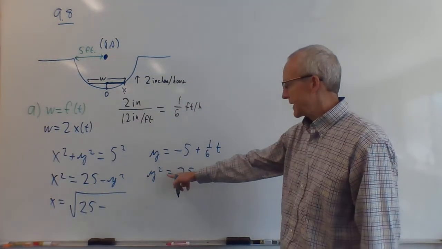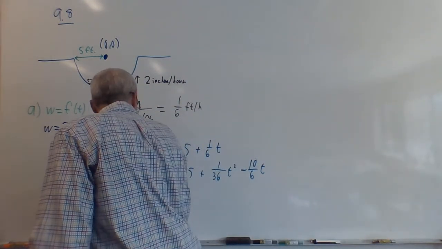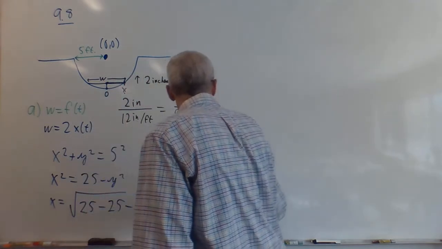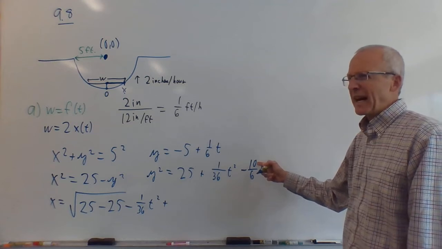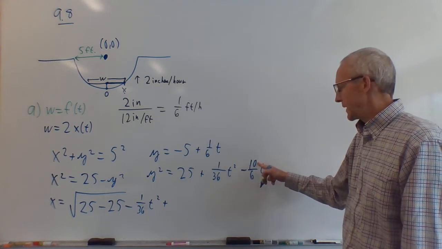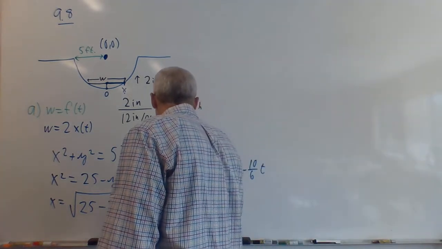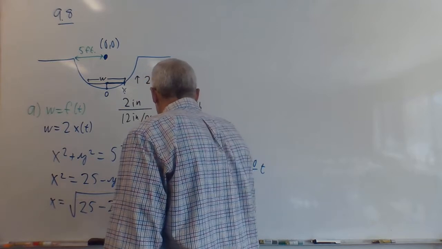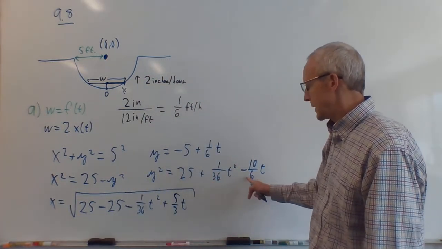But look at that, this is going to be nice. 25 minus 25 minus 1/36 t squared plus 10/6, let's divide that by 2, that's 5/3, so plus 5/3 t, because everything's minus. So this is minus, this becomes minus, this becomes a plus.